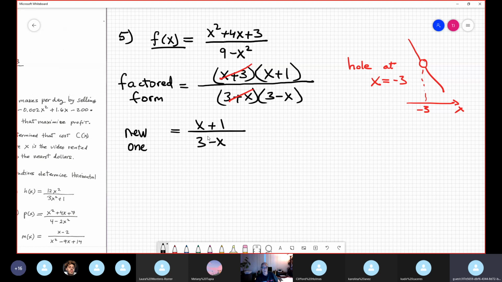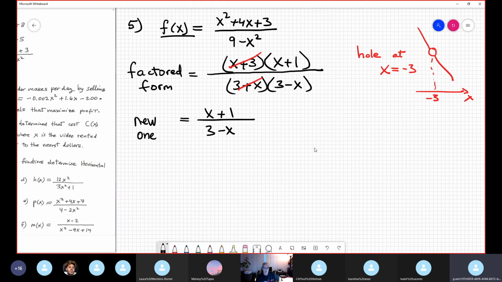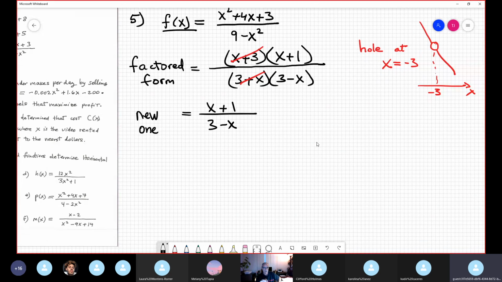So this and this are the same, except at 3 and -3. Okay. I understand this very well. Does everyone understand this very well, or do you have a minimum doubt? No? Clear? Good.